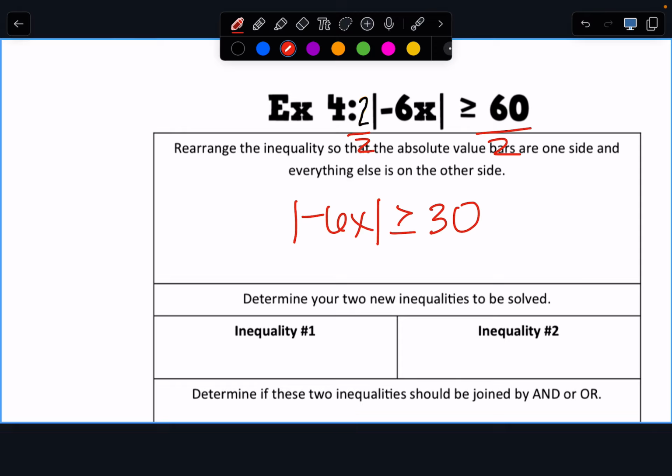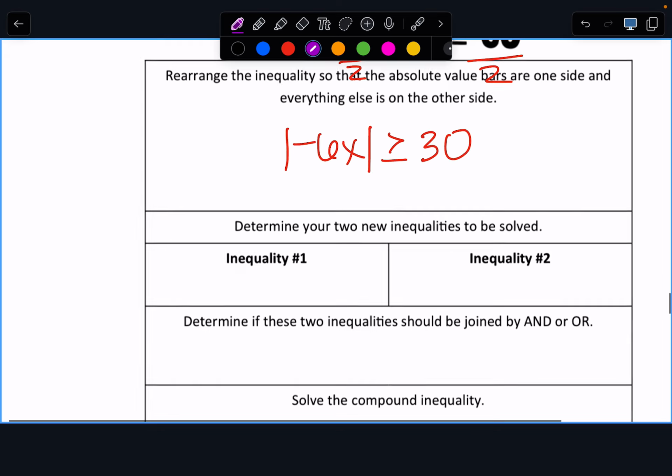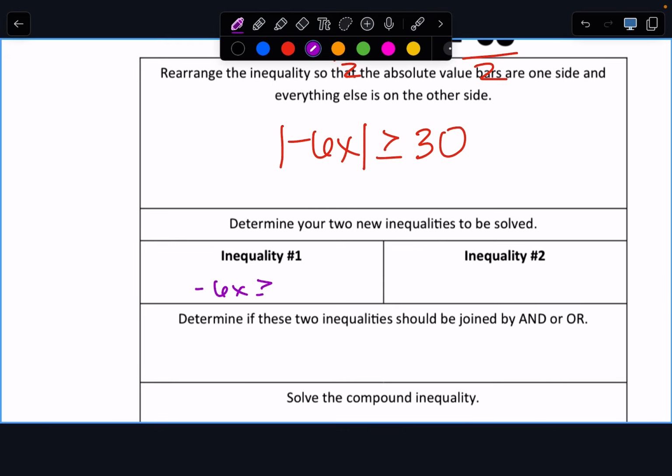Okay, so now I know that there's a negative 6 with the x, but since it's inside the absolute value, we can't move it until after we split it up, okay? So we need to split it up to negative 6x is greater than or equal to 30.